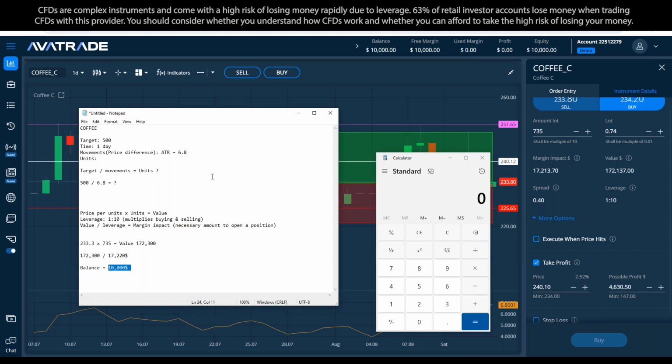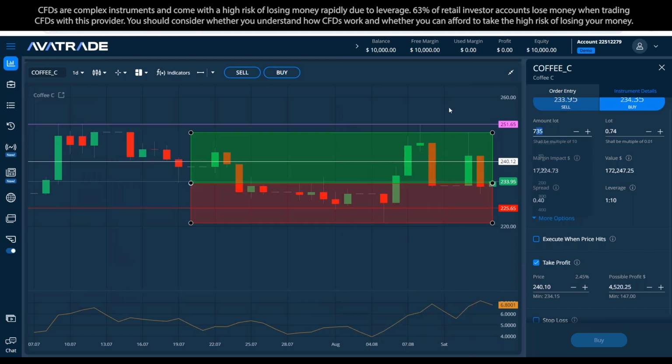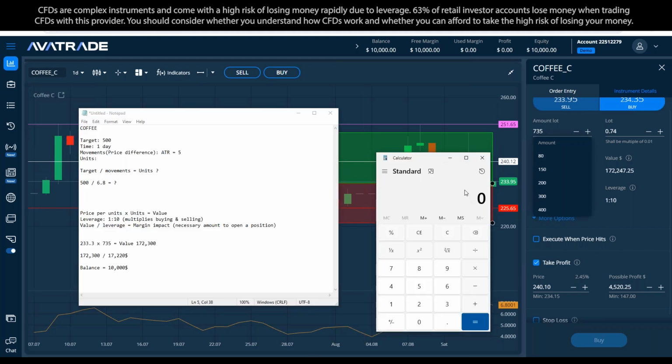Yeah, but what I'm going to do is I'm going to go for 5 instead. The ATR, I'm going to make it 5 instead. And instead of trying to make 500, which requires me to have, sorry, that doesn't make a lot of sense for some reason. Let me quickly do something like that, right? That makes much more sense.